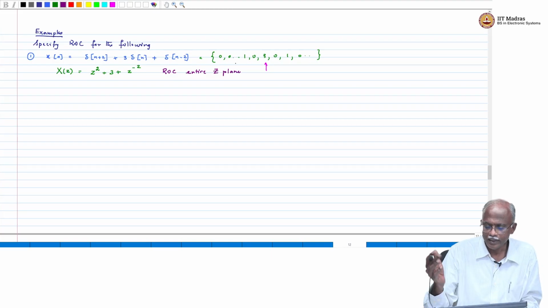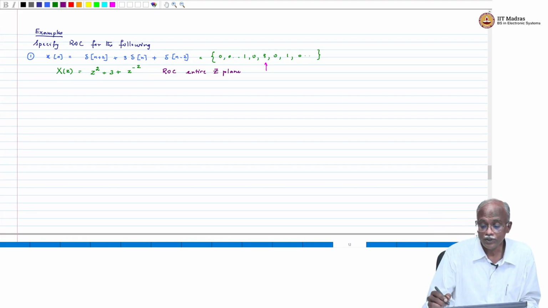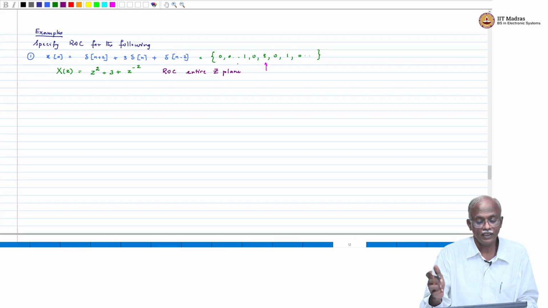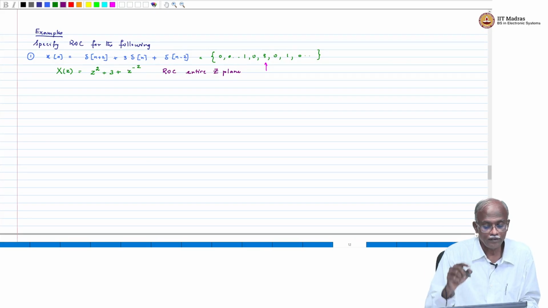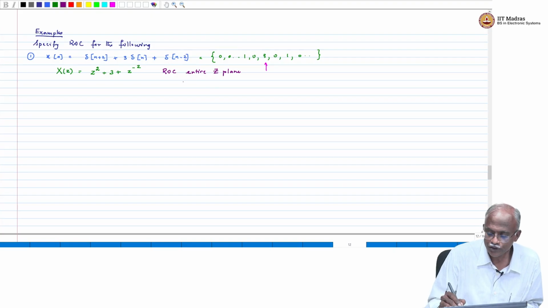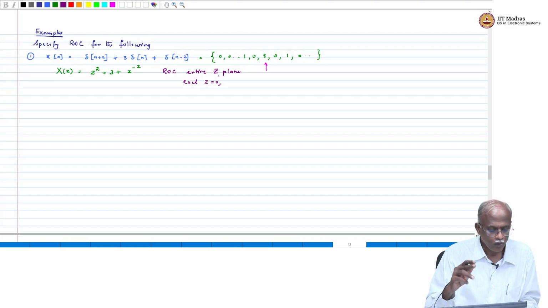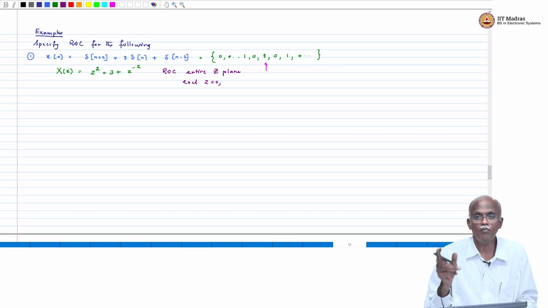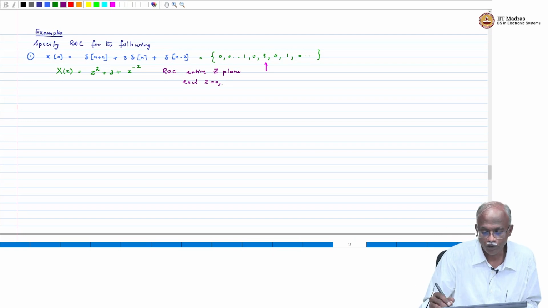Are the extremities excluded? Z equal to 0, is it included or excluded? It has to be excluded because you have z power minus 2. If you include z equal to 0, the z power minus 2 will go to infinity. So excluding z equal to 0. How about z equal to infinity? Same problem, because now we have z squared. So z equal to infinity cannot be included.